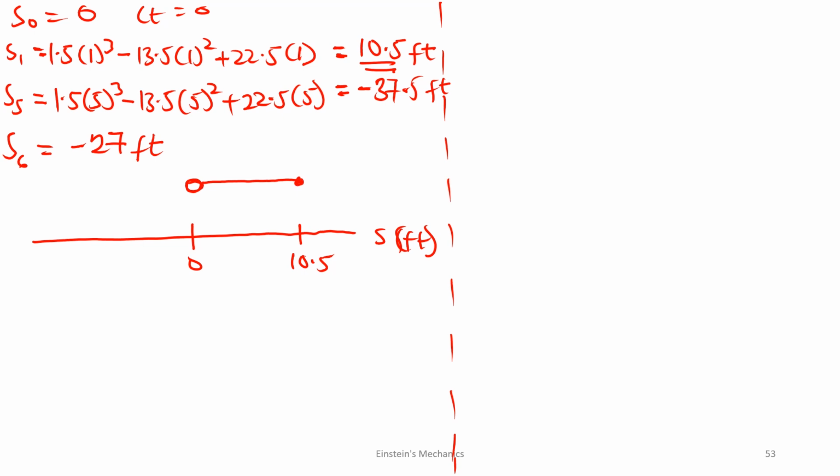Now, after 5 seconds, we saw that it is turning. There was a turning here. So it turned, and after 5 seconds, it is at negative 37.5. So it will be here, negative 37.5. It is going to turn and come back to this point.